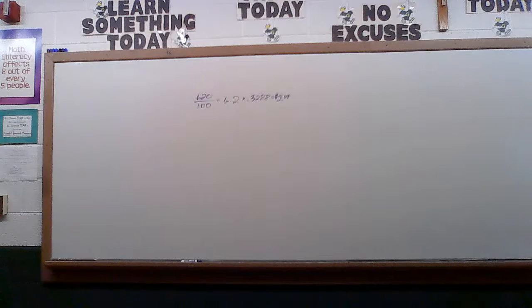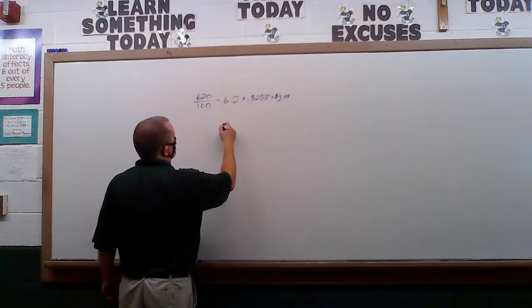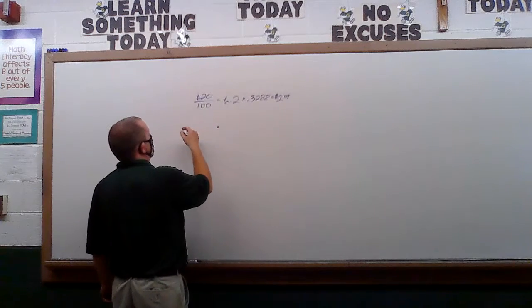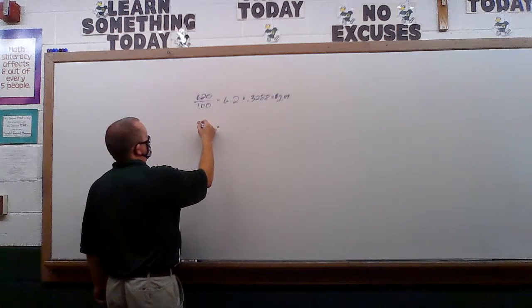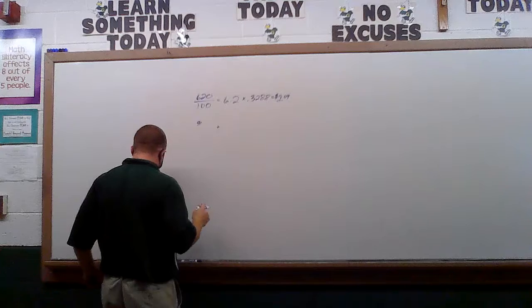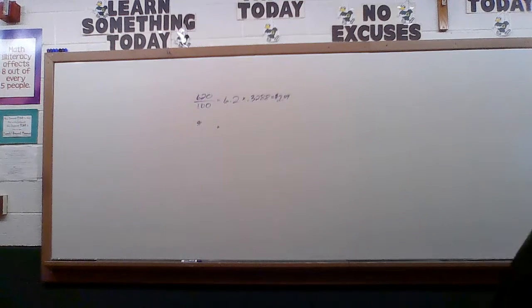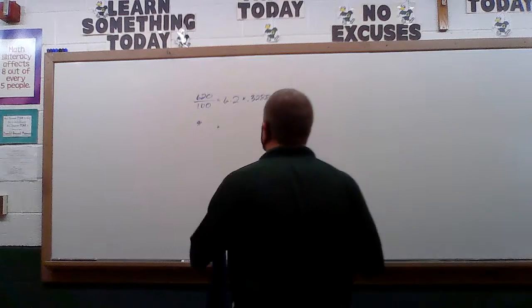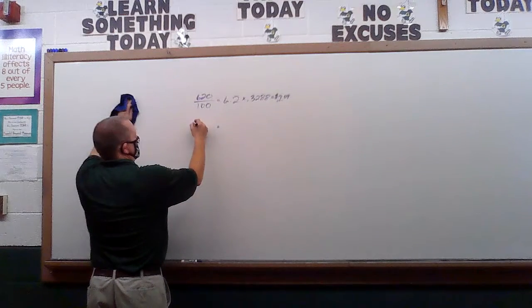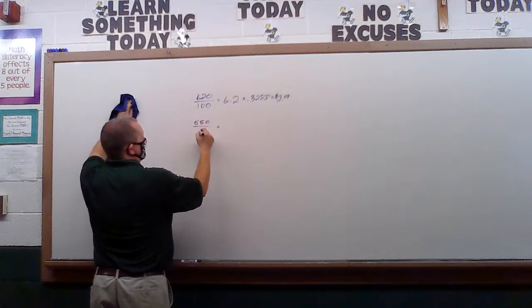Okay? So, look at B. Again, we're in the same month. The 7th through the 18th. So how many days do we get? 11. Okay? What was our amount? 910? Where did 910 come from? Oh, you said percent. This was 550? Yes.